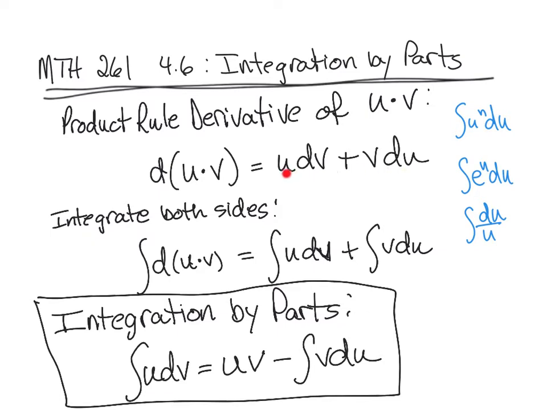So remembering a product rule derivative, if we take this equation right here and we integrate both sides of that equation, integrating addition means we're going to integrate each bit, right? Well, remember the integral of the derivative is just the thing that you took the derivative of, right? So in this method, what we're going to be integrating is only one part of the product rule derivative.